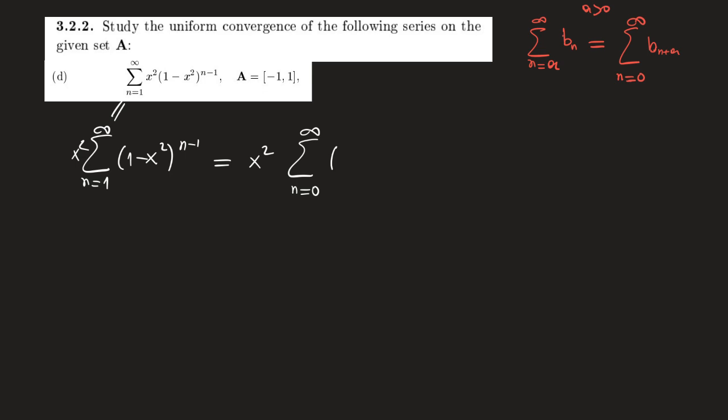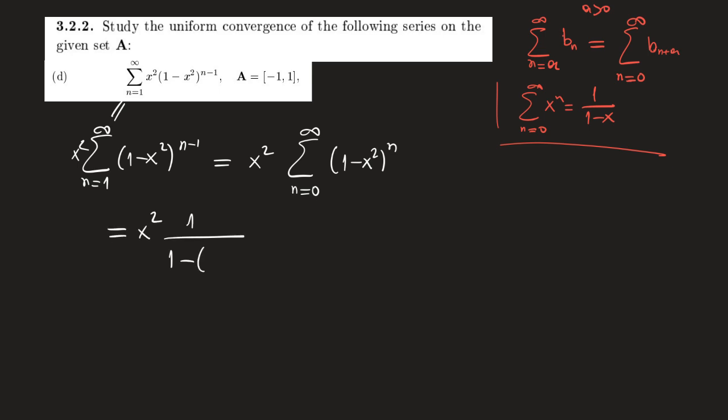So it starts from 0, and it is 1 minus x square to the power n. Now I have the following formula: the sum of x to the power n is 1 over 1 minus x if n is starting from 0. So if you apply this, you will get x square over 1 minus 1 minus x square. So let us simplify.